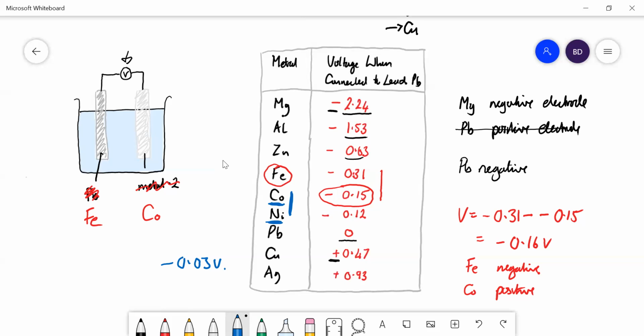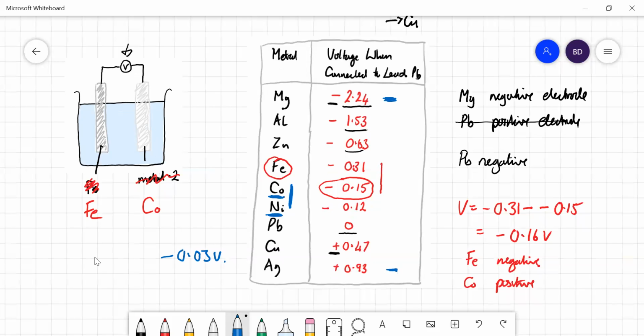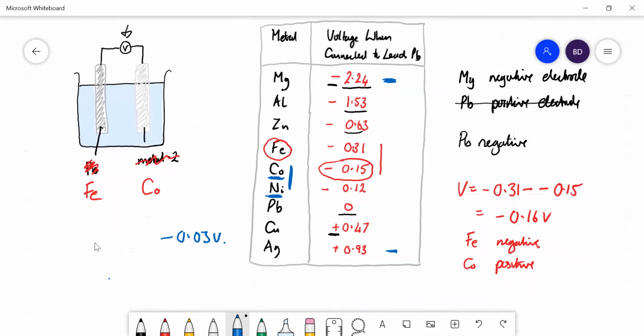Okay, if you want to get the biggest possible voltage, you could compare magnesium, the most negative one, with silver, the most positive one. Then what voltage are you going to get? Let's see what it would be. It would be minus 2.24 for the magnesium, minus plus 0.93 for the silver.